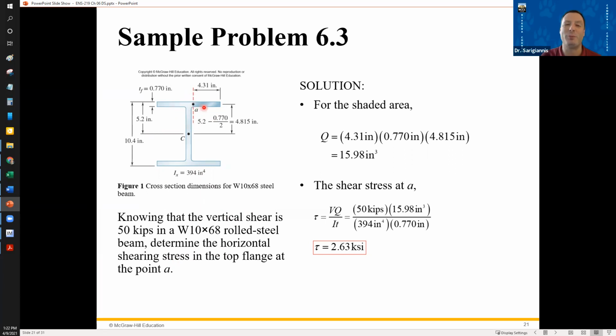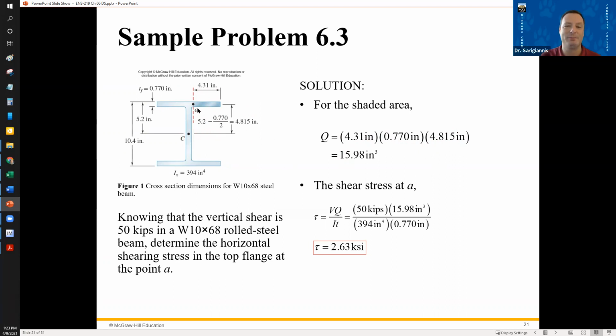In other words, if these were two pieces, which stress would you need to overcome to keep them connected? So you do your analysis again with Q. You've got the area: 4.31 inches in width, 0.770 inches in height, and then 4.815 inches. This is the distance from the centroid of this shape to the global centroidal x-axis.